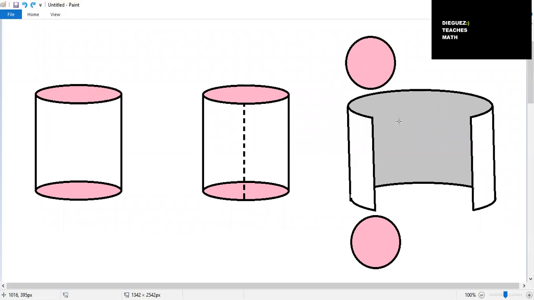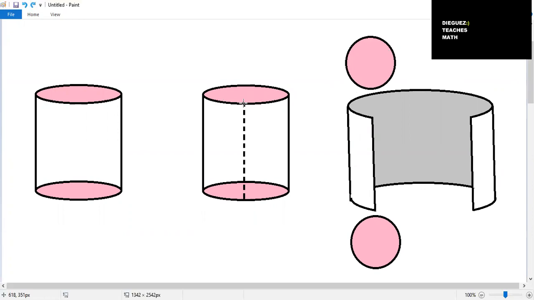What I want to talk to you about is the side length here. How long do you think this piece or this line is going to be here? Let's go back here, okay? So the answer is as long as the circumference of the circle here. Now why?